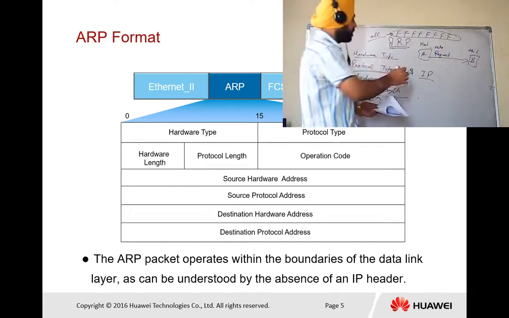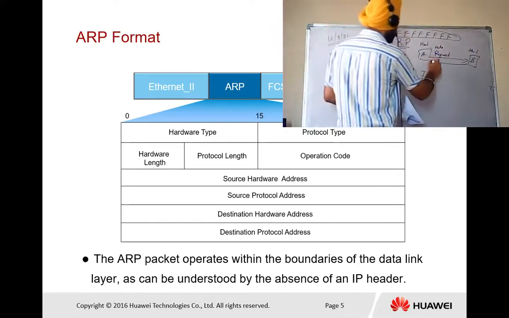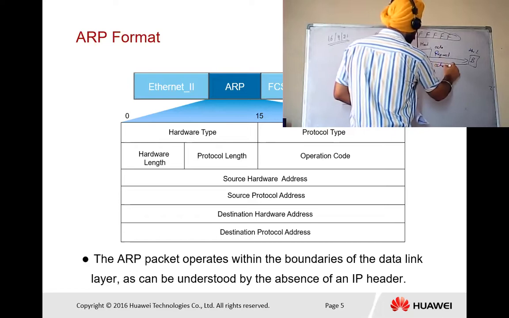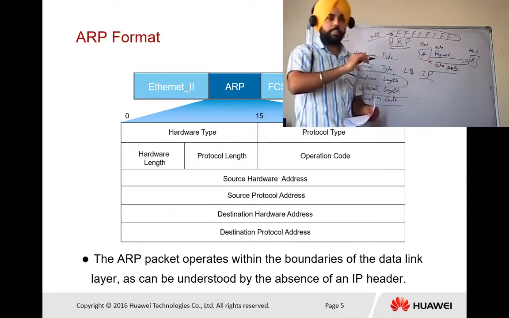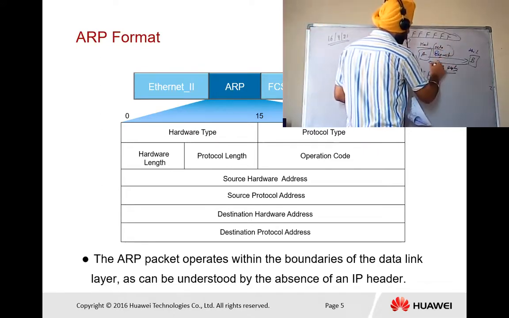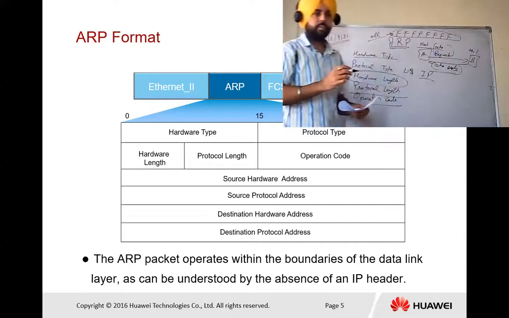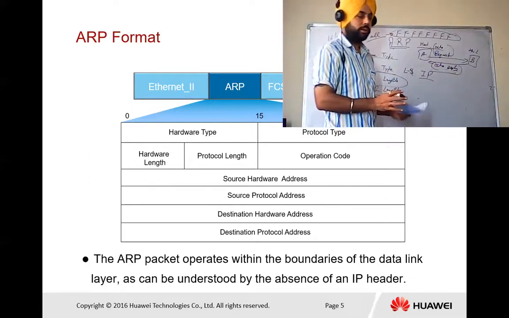After that, it will receive a packet from the destination, which is the echo reply. So this is our echo request and echo reply. It works with the help of the operation code.